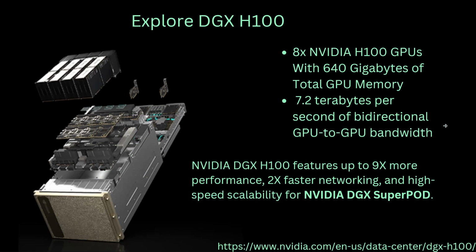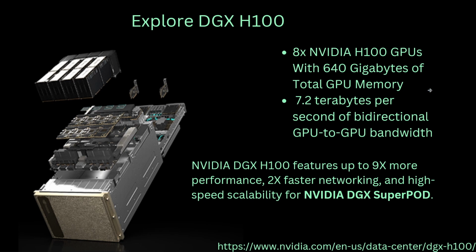And of course, you can combine this with NVLinks. So we have here now an NVIDIA DGX SuperPod. We have 8 times the NVIDIA H100 GPUs with a total of 640 gigabytes of GPU memory, so it should be sufficient for our models, and about 7.2 terabytes per second of bidirectional GPU-to-GPU bandwidth.